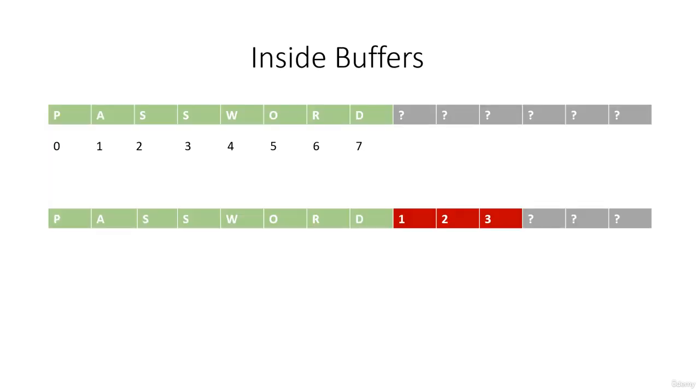Let's take a look at what a buffer overflow looks like from the buffer's perspective. Here we can see a buffer allocated with 8 memory elements for storing 8 bytes of data. The elements are numbered 0 through 7, because while computers start counting at 0, so do most programming languages.